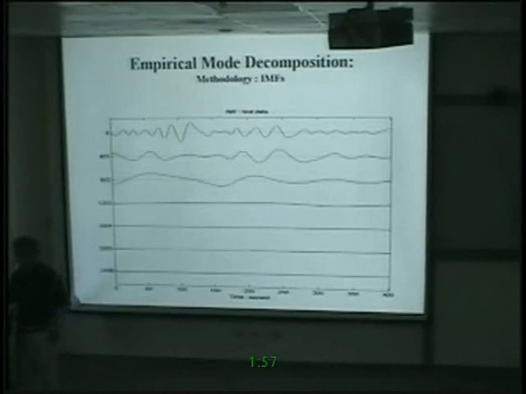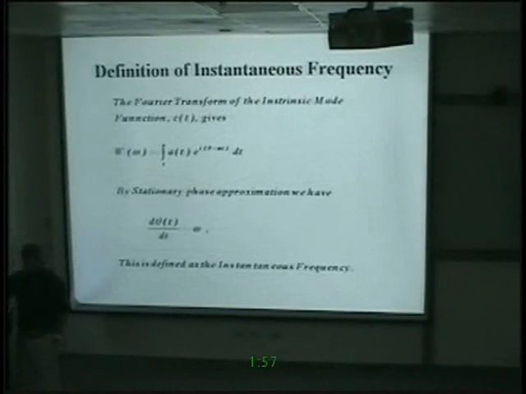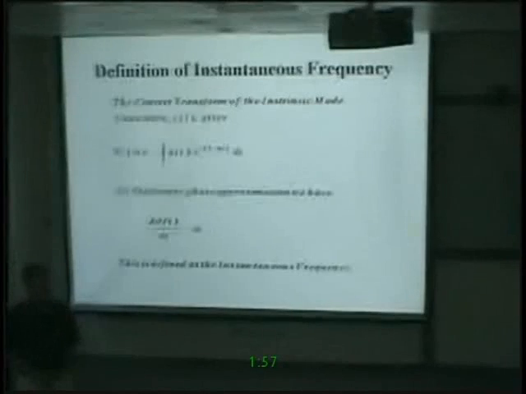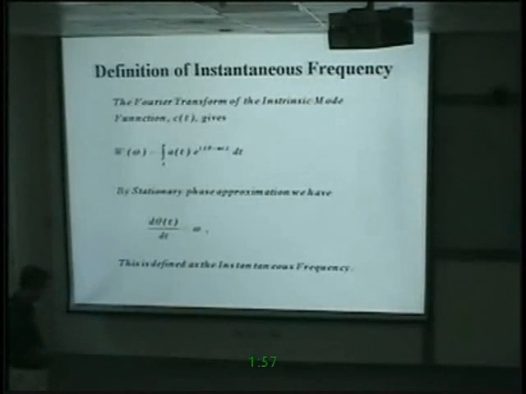And then I define frequency this way because I use the stationary phase approximation. It's not exact, but the second order improvement is very, very small. This happens to be the definition that the theoretical wave people, classical wave people, use. So I settled on this, and I prove it by stationary phase.